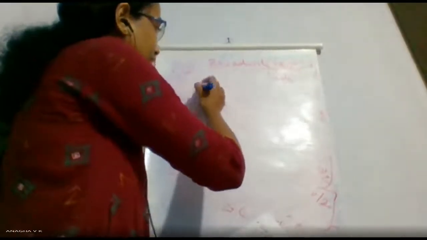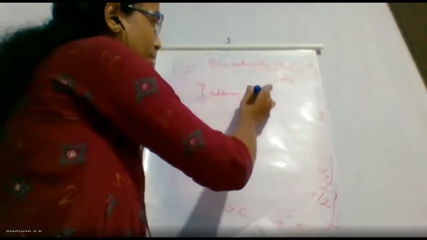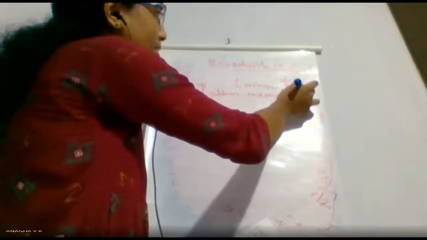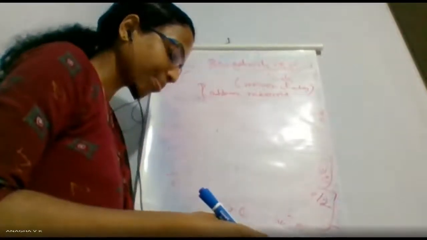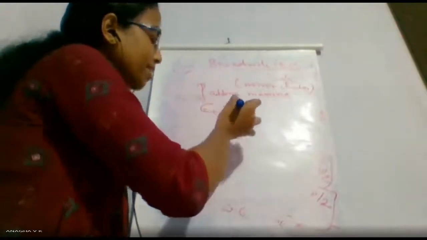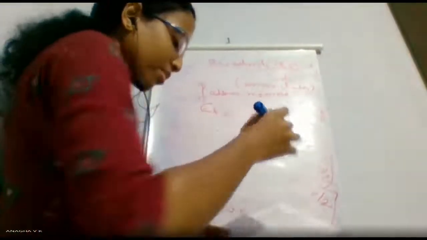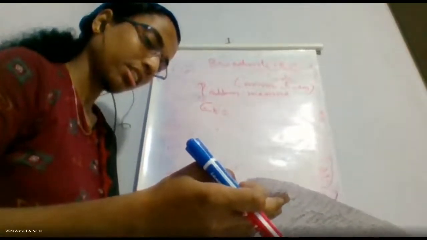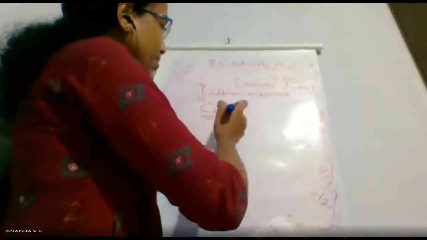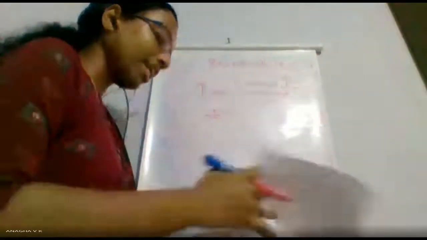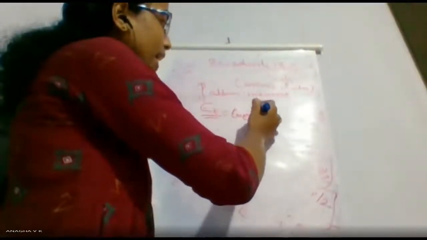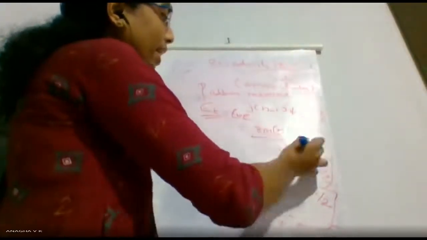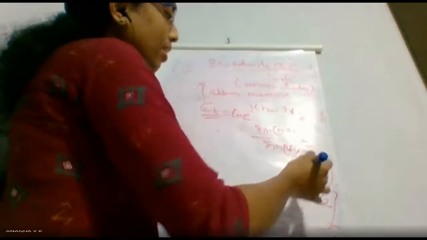Minor lobes. Next we are discussing pattern maxima in the case of minor lobes. ET is equal to E naught e raised to j (N minus 1) psi by 2 times sin(N psi by 2) by sin(psi by 2).